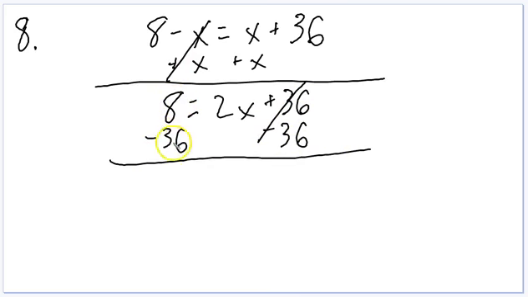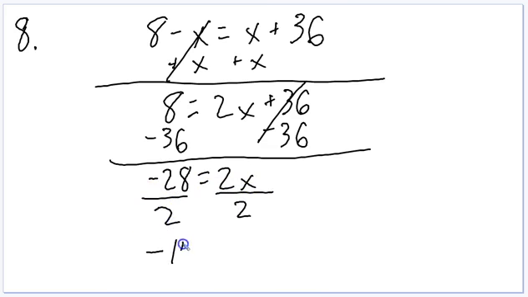So 8 minus 36 is going to end up being negative 28 equals 2x. Then I have to divide both sides by 2. And I'm going to get negative 14 equals x, or x equals negative 14, however you want to write it.